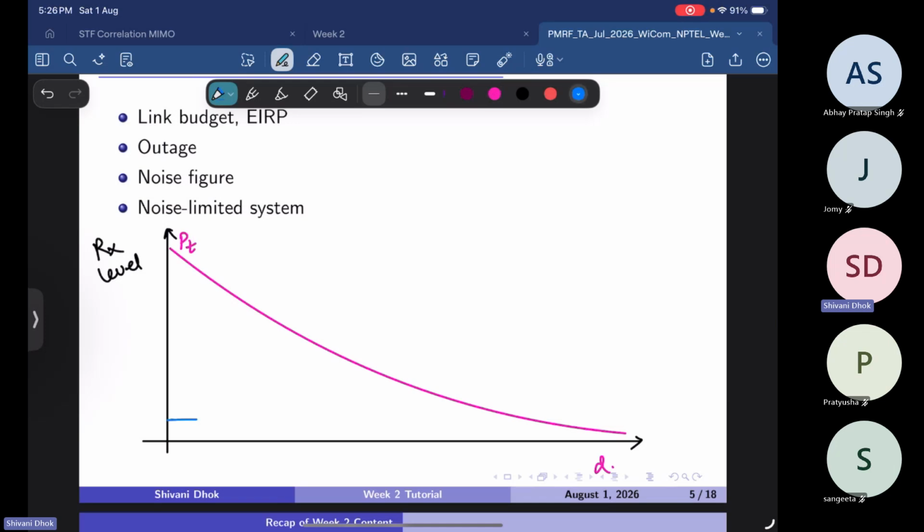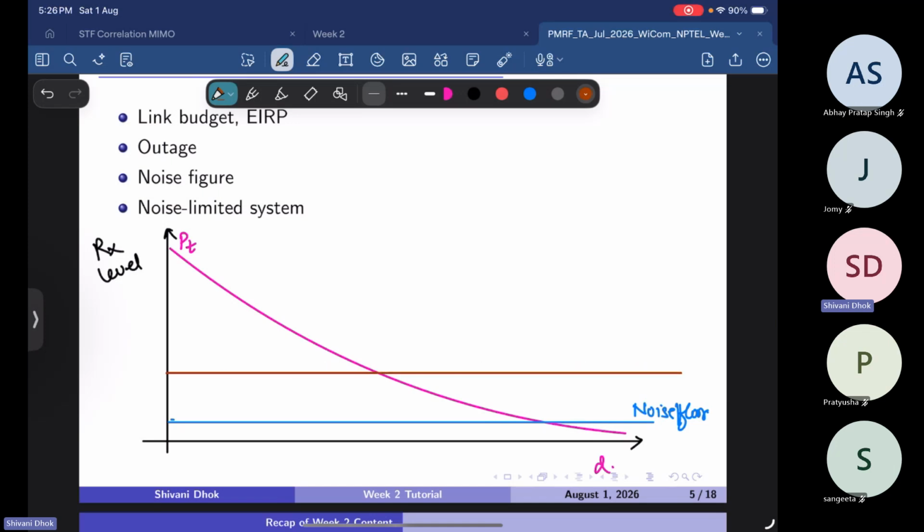And then you will have a noise floor, and then you will have something known as receiver sensitivity. And this distance is basically your minimum SNR.